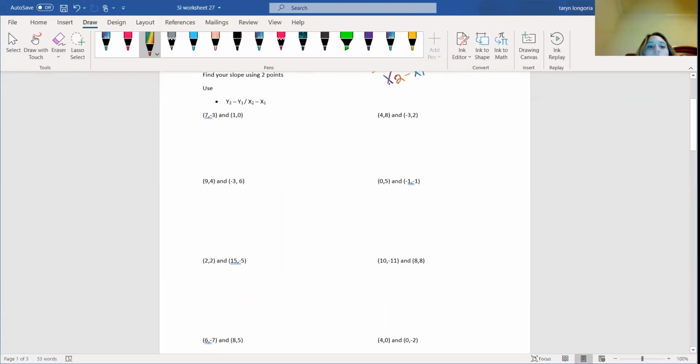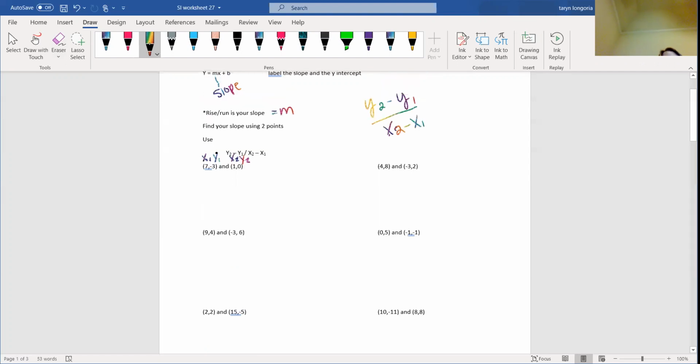Whenever I get to these, I write down and label each one: x1, y1, x2, y2. You can even do x2, y2 and x1, y1, but it makes more sense to me to go in chronological order.